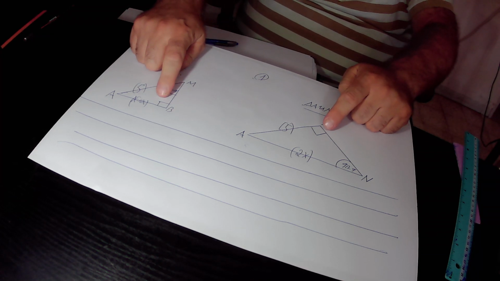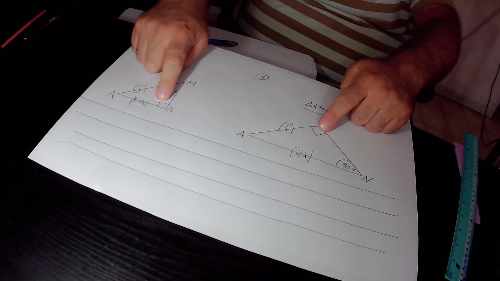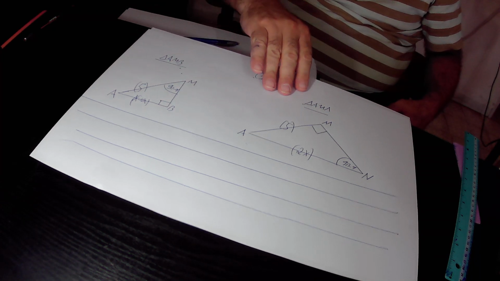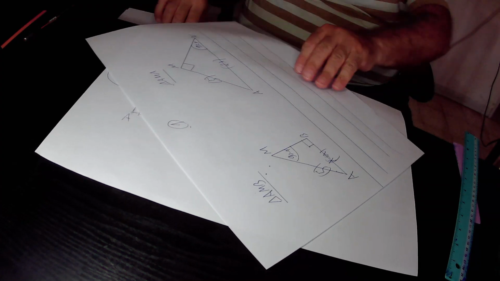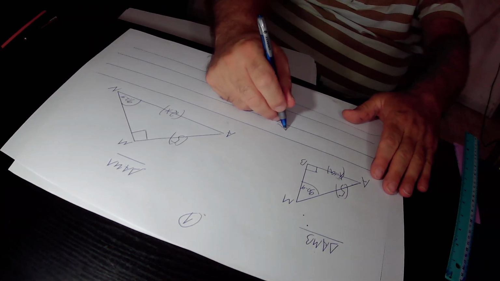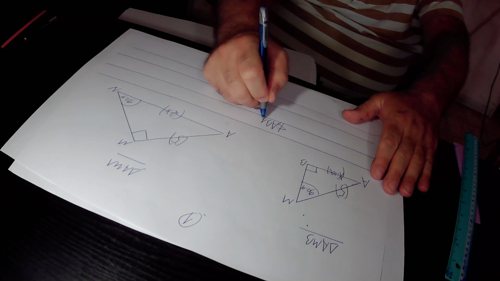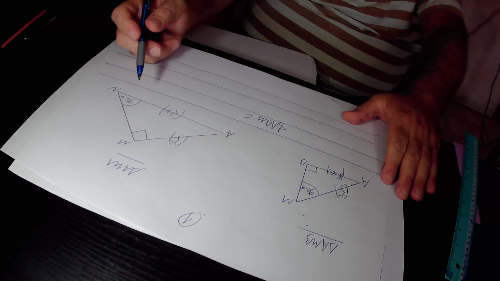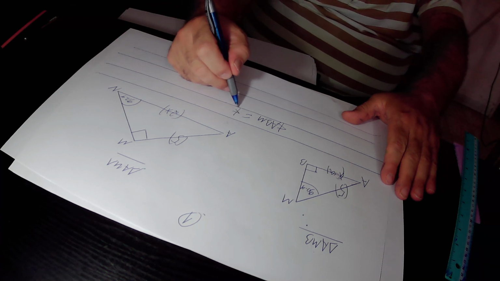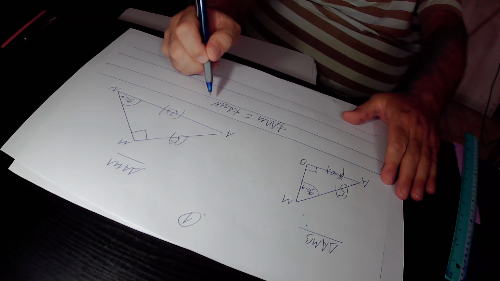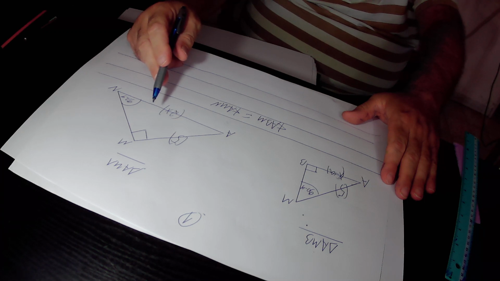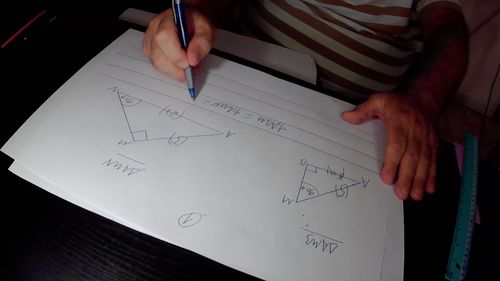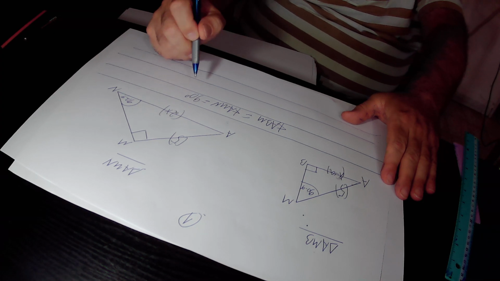First of all, this is angle ABM in the right triangle AMB, and it is equal to this angle, angle AMN, in the right triangle AMN. They are both equal to 90 degrees and therefore equal to each other.